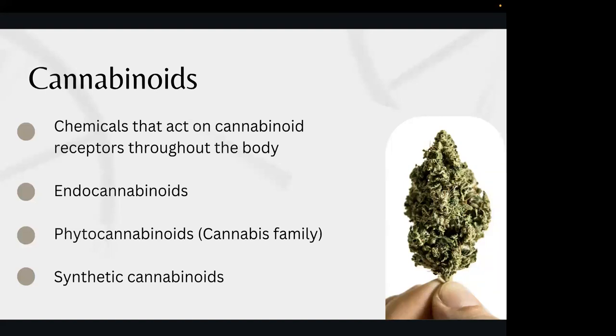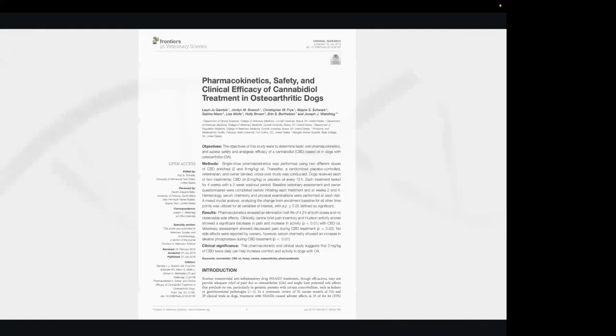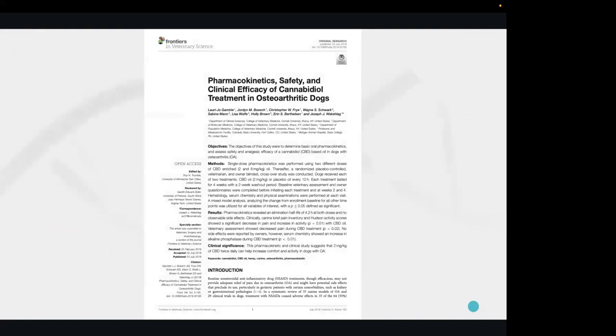But what gave me permission to finally use cannabinoids in my practice was a study that came out of Cornell. They looked at using a particular concoction that included CBD along with other terpenes from the hemp plant. And I think that product also has glucosamine in there.